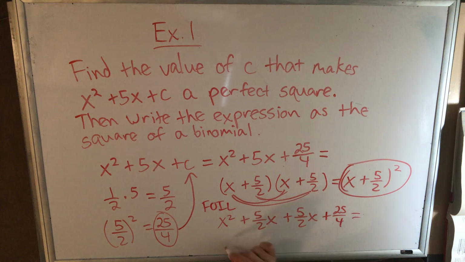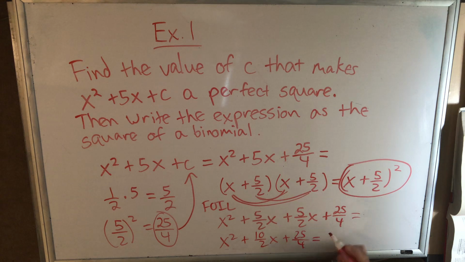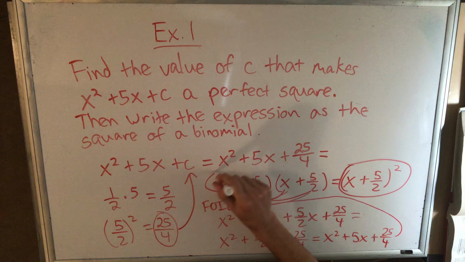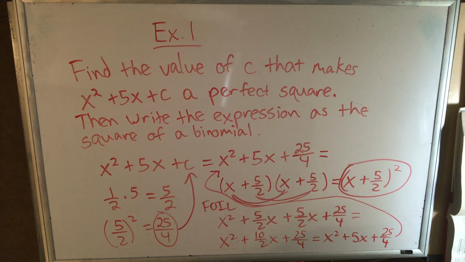And then adding the like terms, 5 over 2x plus 5 over 2x is 10 over 2x, plus 25 over 4. 10 divided by 2 is 5, so that's x squared plus 5x plus 25 over 4, which is the same expression that we started with, so it was factored correctly.